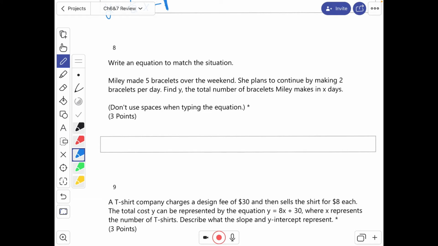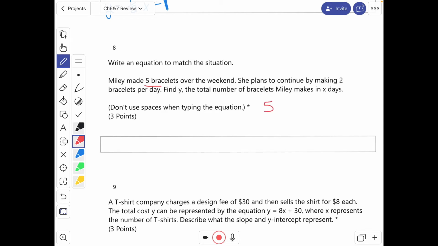Number 8, write an equation to match the situation. Miley made 5 bracelets over the weekend. She plans to continue by making 2 bracelets per day. Find the total number of bracelets Miley makes in x days. So we're just writing the equation.